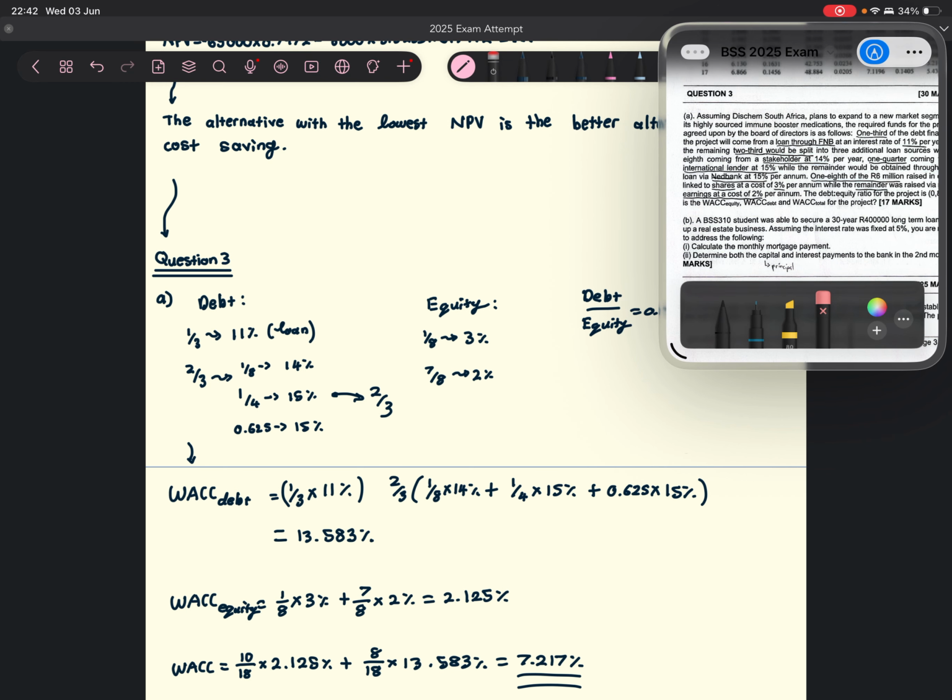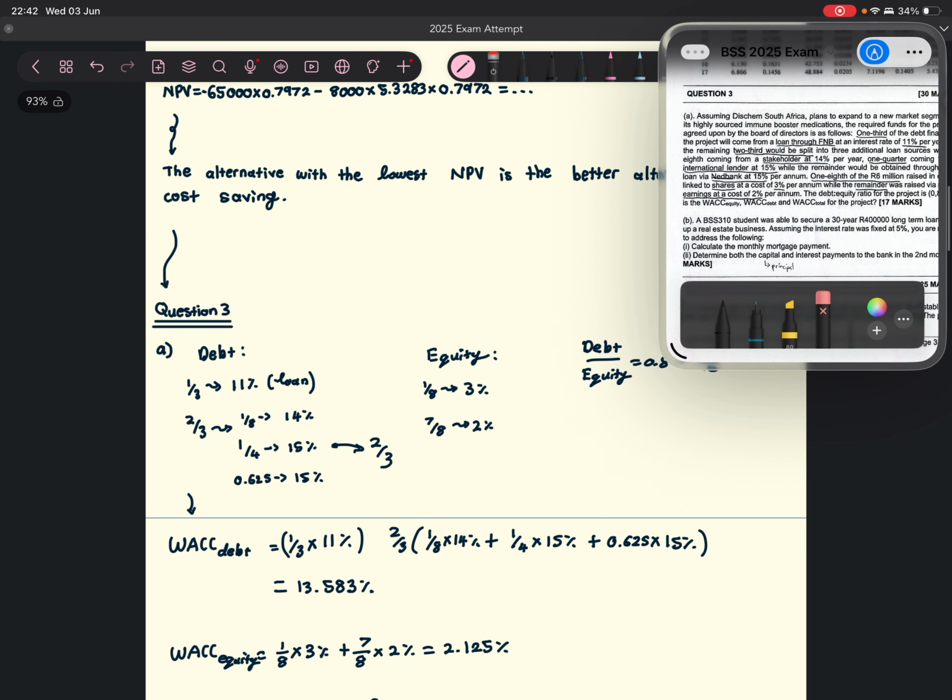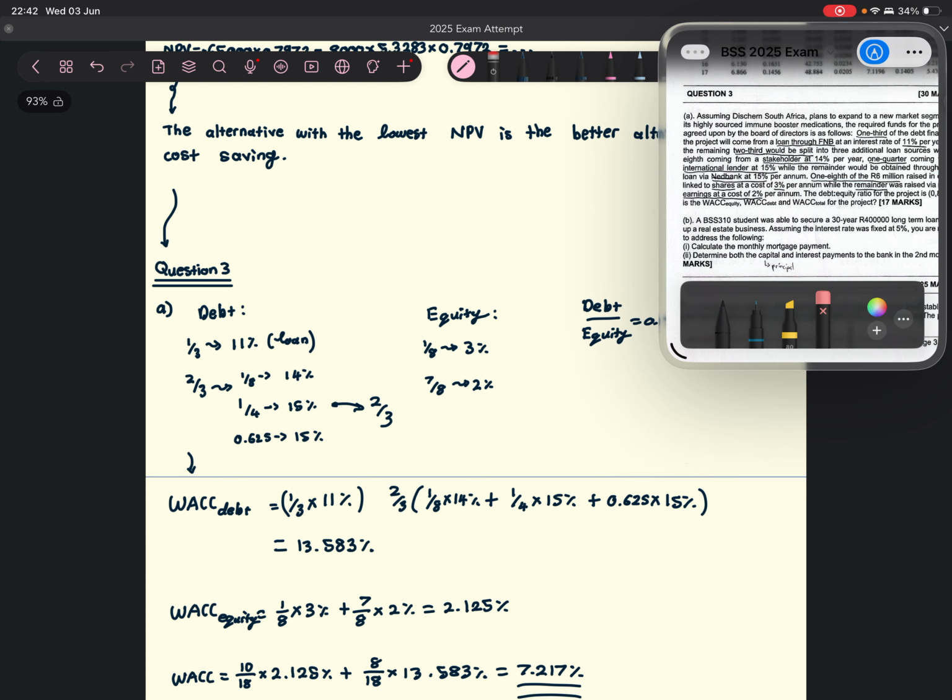Okay, so for question 3, we're given a lot of information, but essentially we're asked to calculate the WACC debt, the WACC equity, and the WACC itself. And then we are given that for our debt, we have 1/3, which has a cost of 11%.